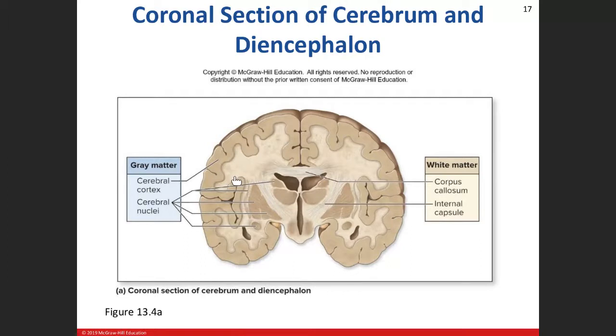So white matter is just myelinated axons. That's all it is. But in the internal portions here, you'll see these pockets of gray matter. Those pockets, these clusterings of gray matter, that's the nuclei. We refer to those as the cerebral nuclei. So just keep that in mind.